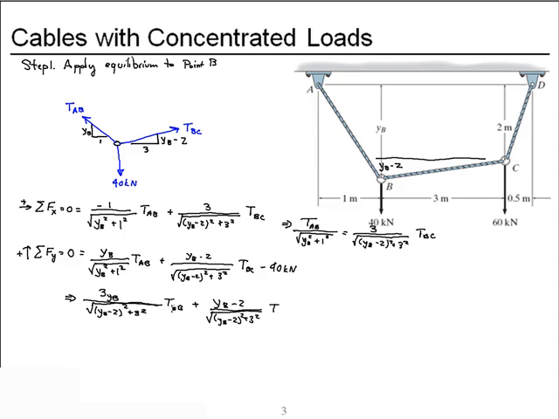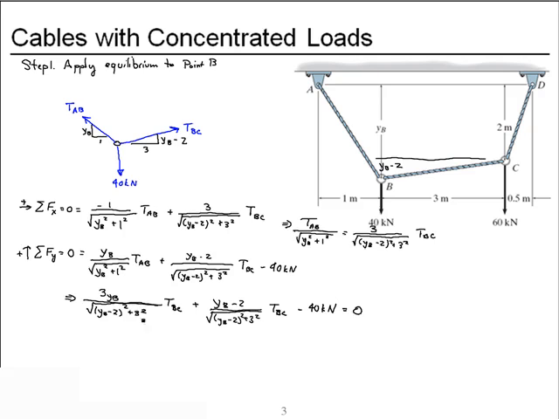Ooh, that was BC, not AB. We substituted out AB. And BC, minus the 40 kilonewtons equals 0.